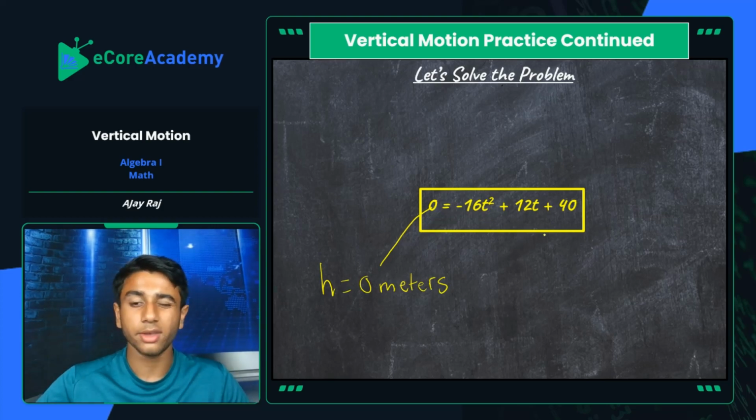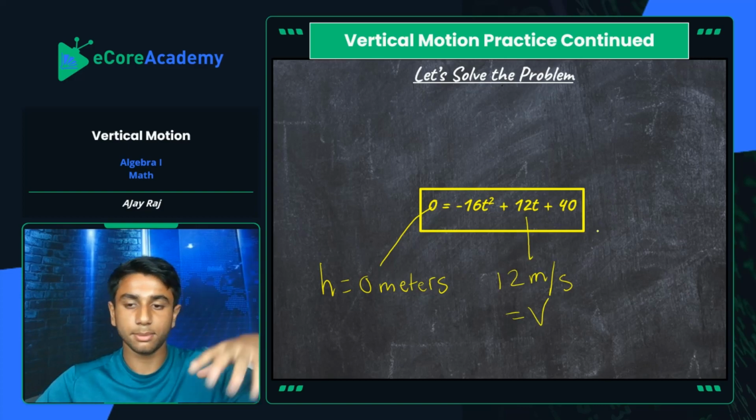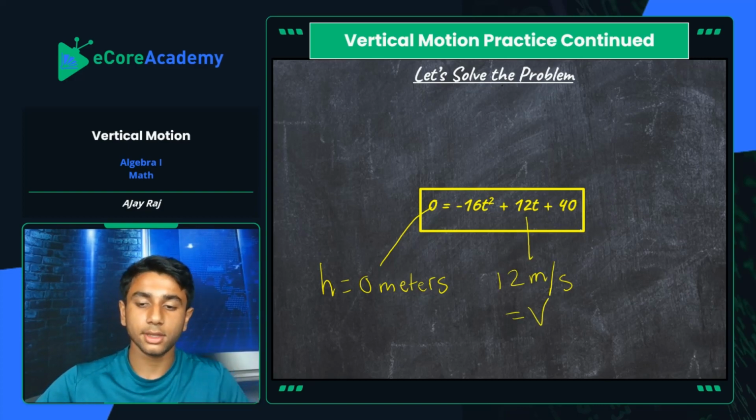And then you can see here we added in the 12. 12 was the velocity, 12 meters per second, our initial speed when it's thrown from someone's hand. And then this plus 40 is going to be our starting height of 40 meters.